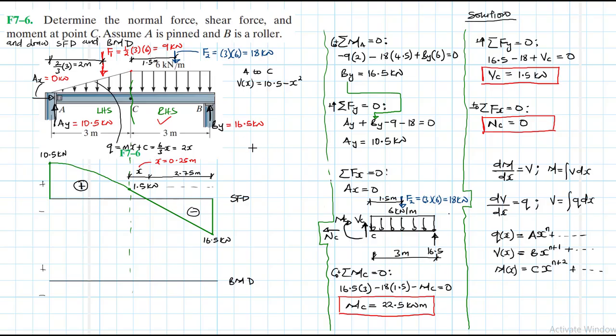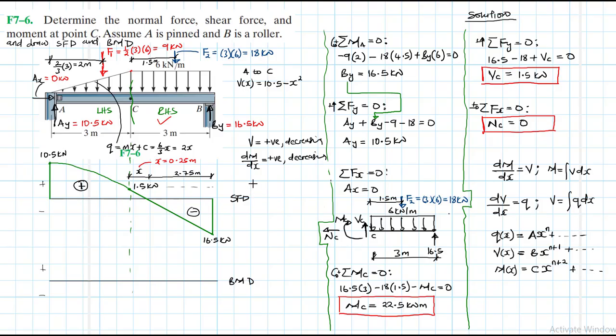From A to C, we know that our shear is positive, and it is decreasing from 10.5 to 1.5. Therefore, you expect the slope of our moment to also be positive and it will be decreasing.